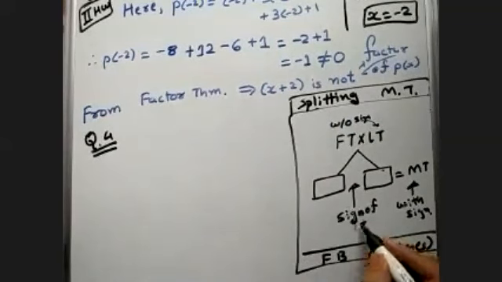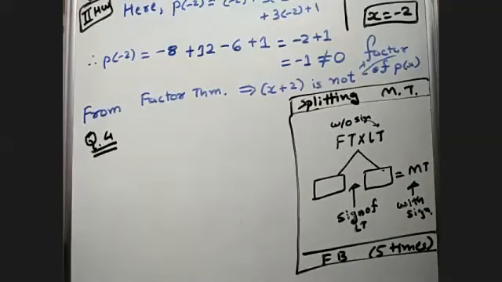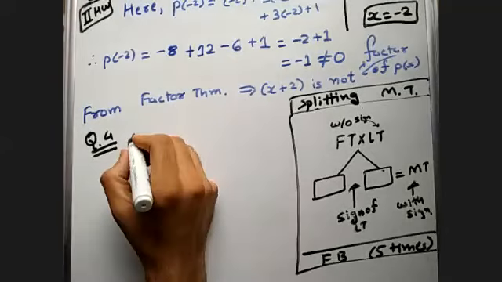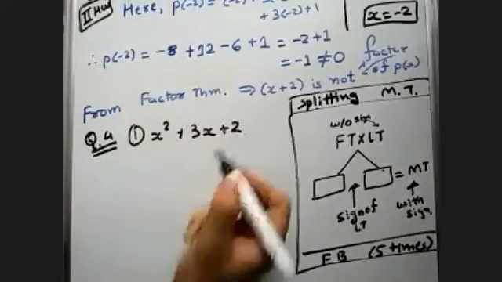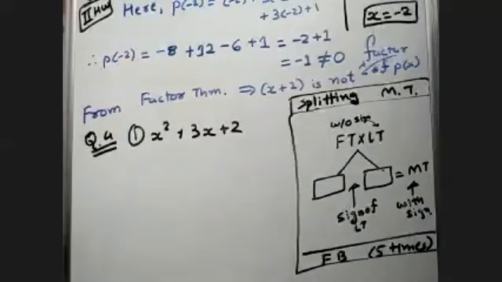So first term into last term without sign, I will factorize them such that if I put the sign of the last term in between, I will get the middle term with sign. So in question 4, your first question is x square plus 3x plus 2. Let us follow this condition.